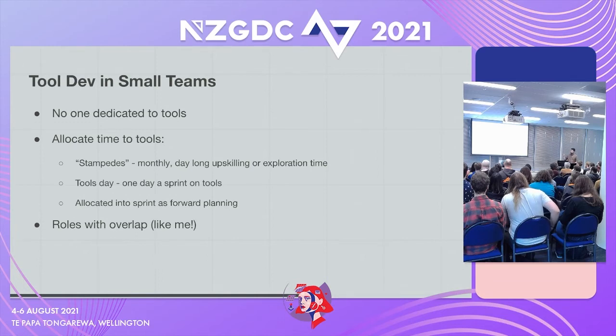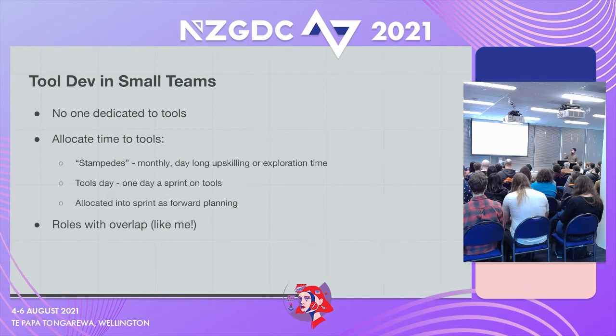And in these days, tool exploration is encouraged. It's like, if it's going to make your time easier or make someone else's time easier and it wasn't quite enough to justify going into the sprint, then this is the time to do it. We also dedicate a sprint on tools, not just for making new ones, but for maintaining existing ones, because that's always taxing sometimes.